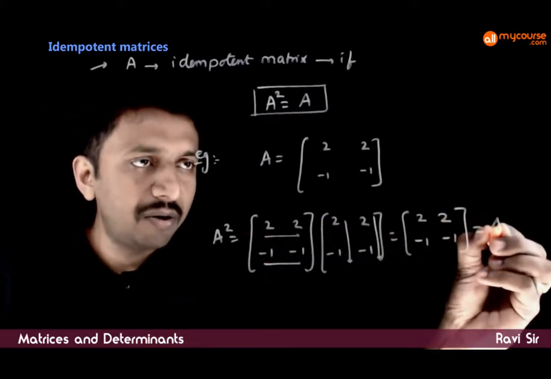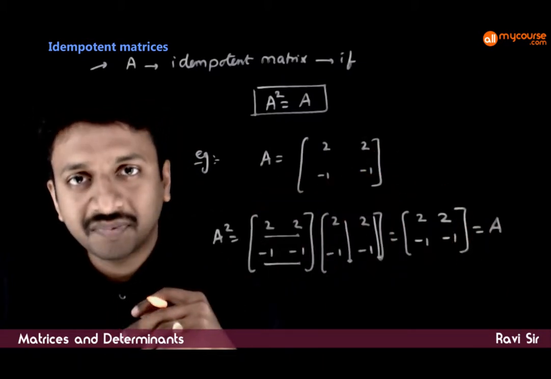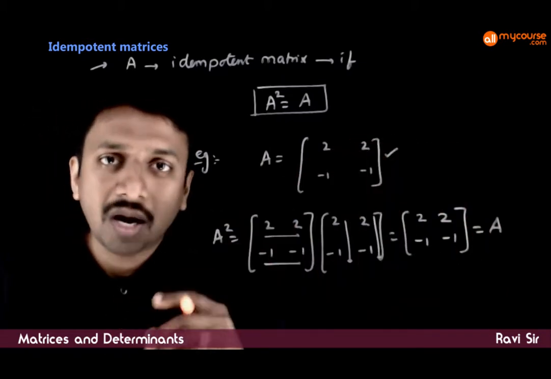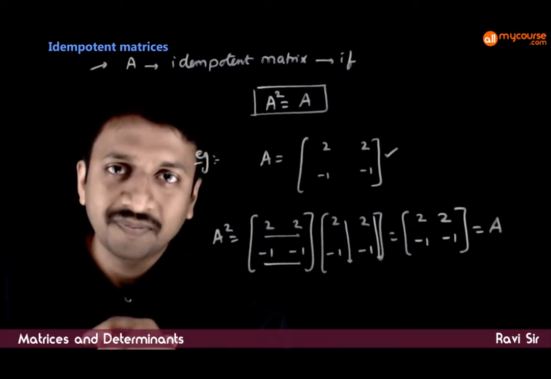So as you can see, you got the same matrix A. Hence, this matrix is called an idempotent matrix.